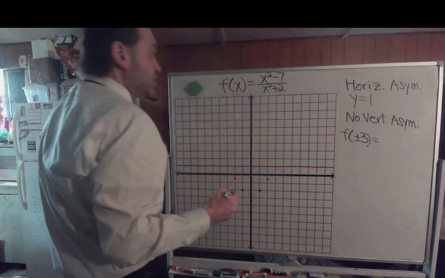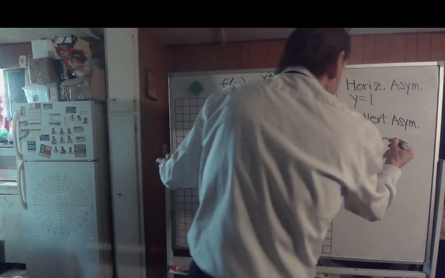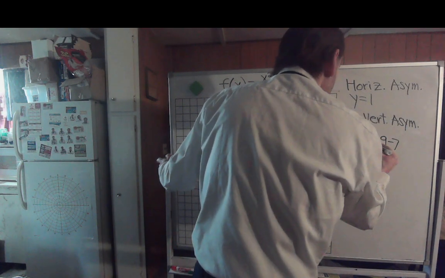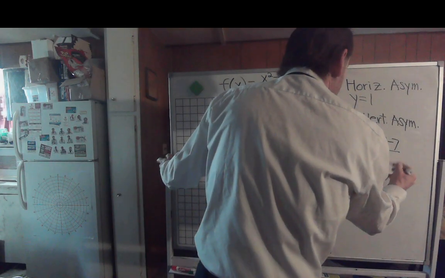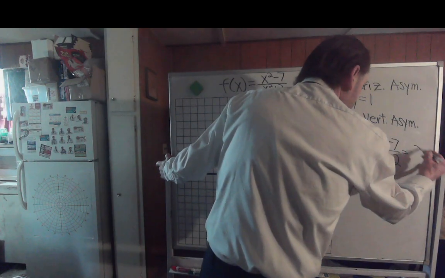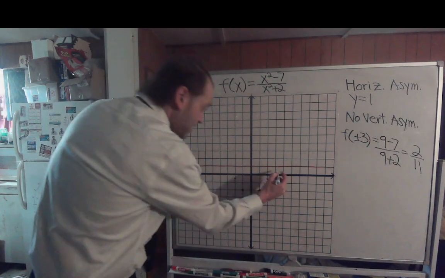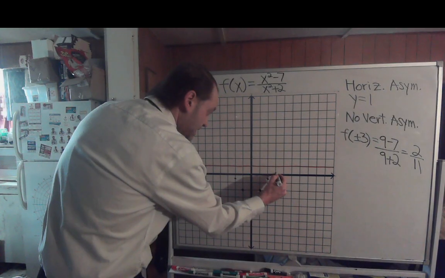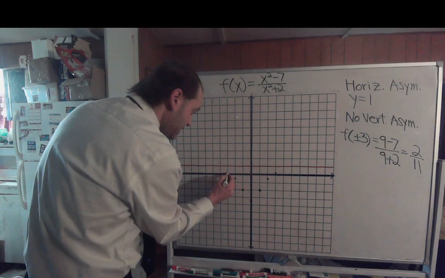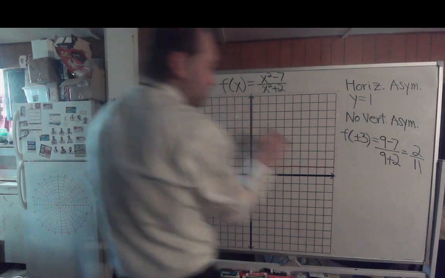All right, so if x is either plus or minus 3, that would give you 9 minus 7 divided by 9 plus 2, which would literally give you positive 2/11. So now you're above the x-axis with a value of about 2/11 right there, and same when x is negative 3. And for good measure, why don't we do 4?